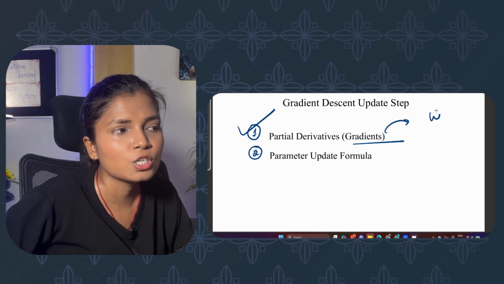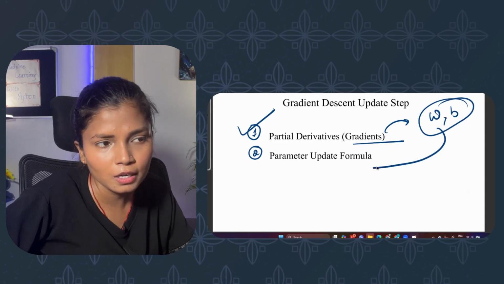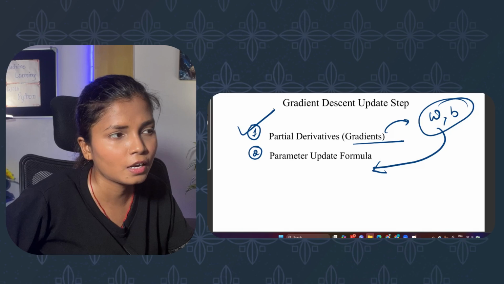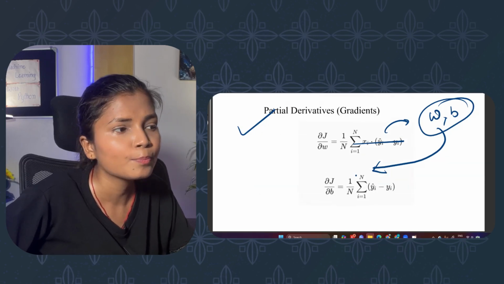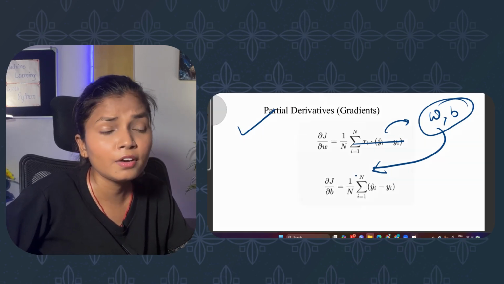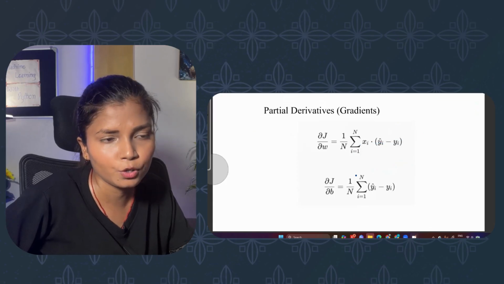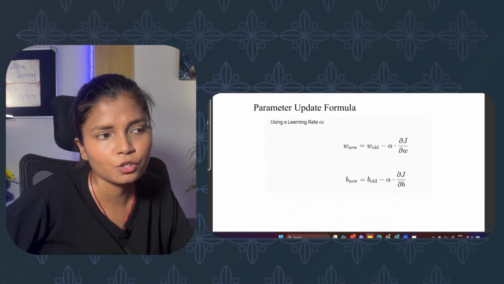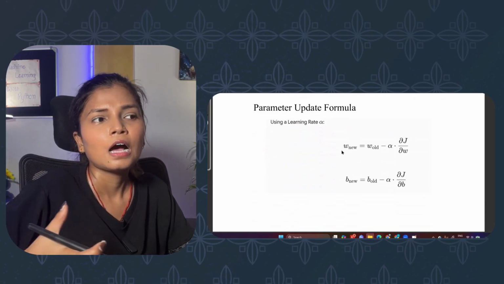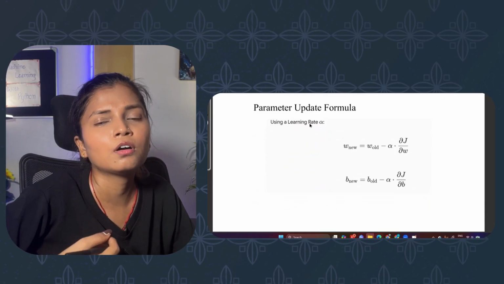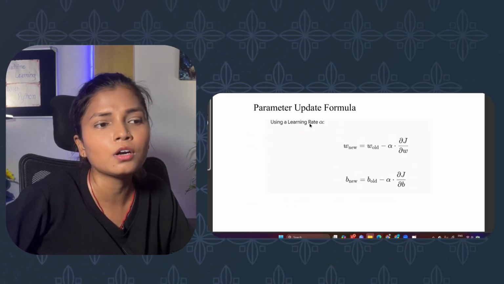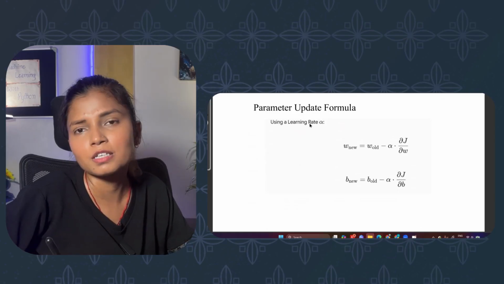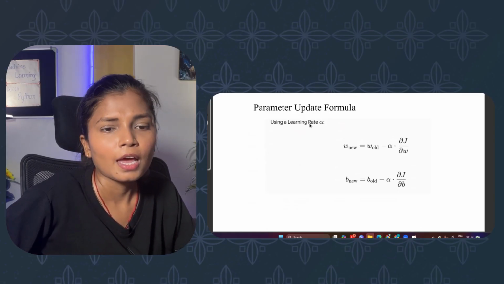But in the update, we do it with respect to the learning rate, which decides how fast or how slow your model should learn. You can decide that with the help of a function. So alpha is that value, and then we update the parameters on w and b.